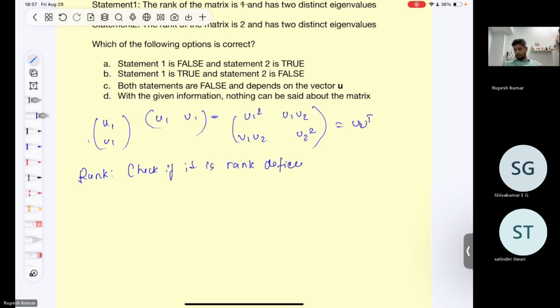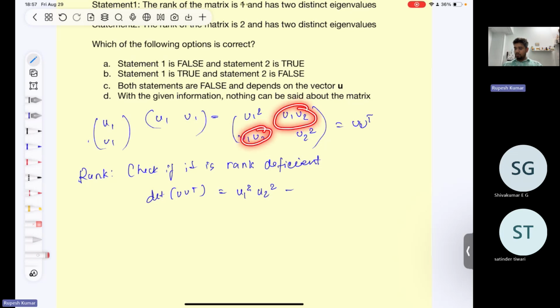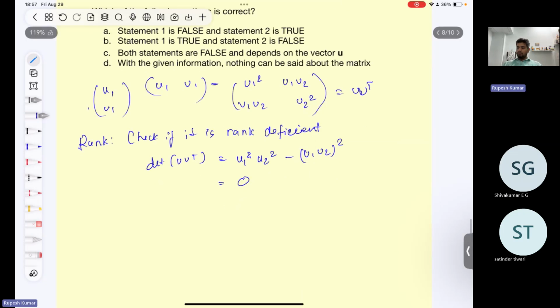For this, we have to check the determinant of u u transpose, which is u1 squared into u2 squared minus u1 u2 into u1 u2, so this is u1 u2 squared minus u1 u2 squared. This is 0, right? So yes, this is rank deficient as the determinant equals 0.